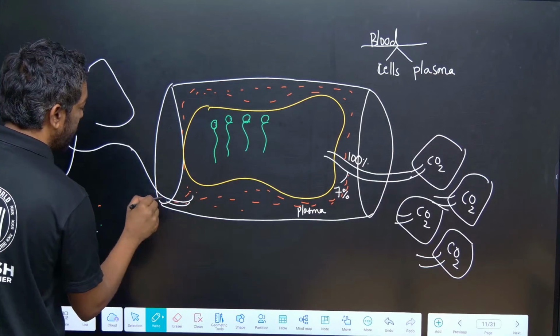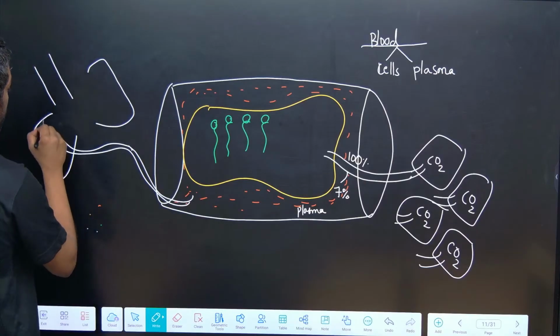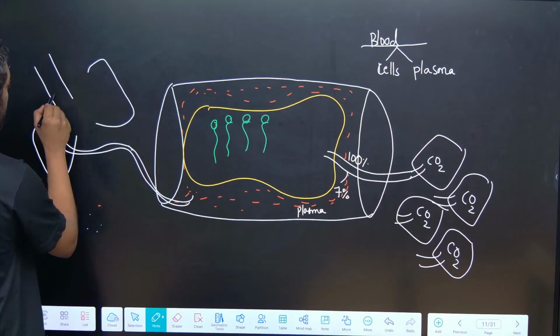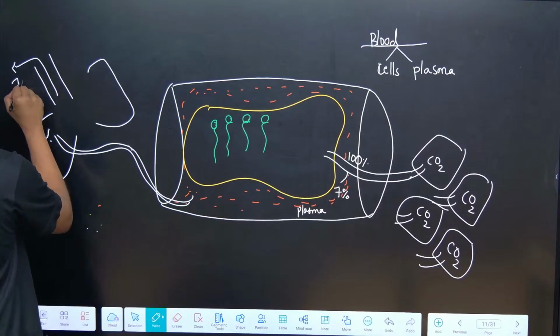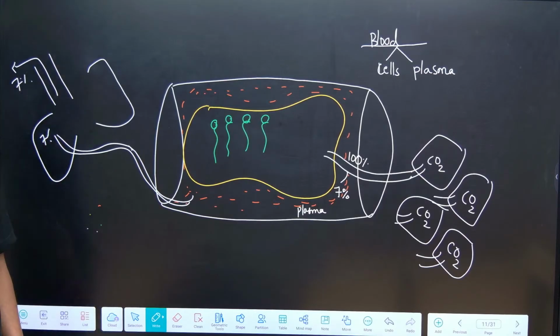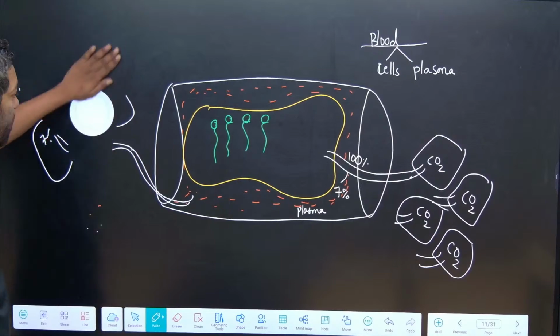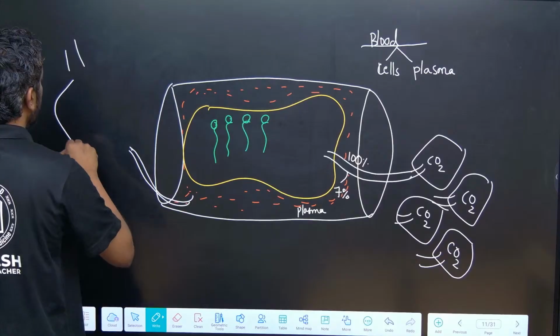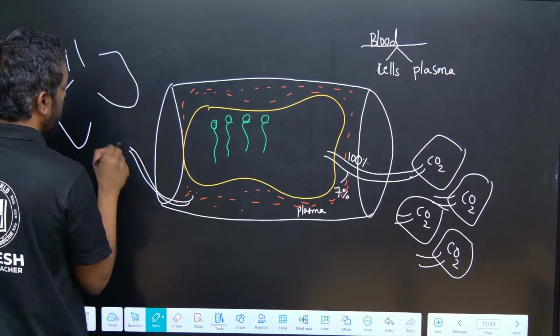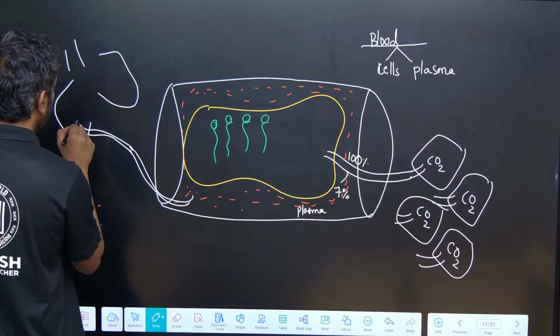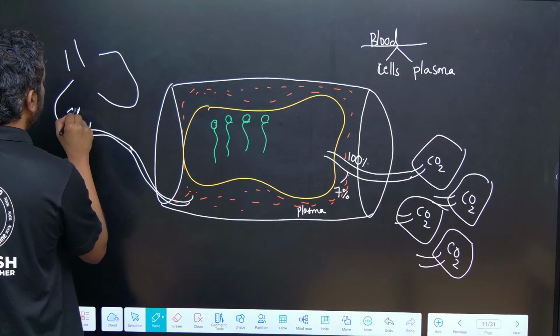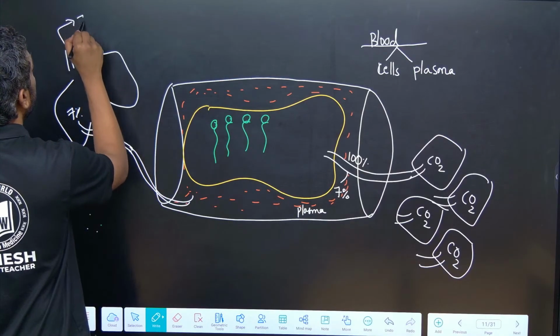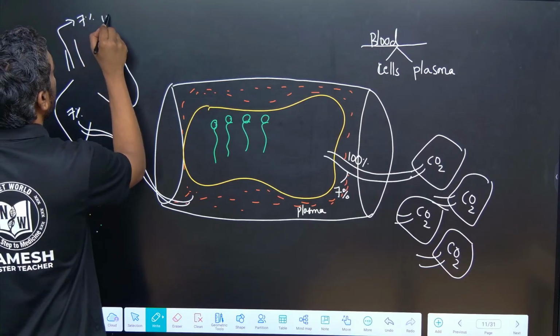They exit 7% in the plasma. Okay. Lungs here they do not absorb here. 7% they exit out in the dissolved form.